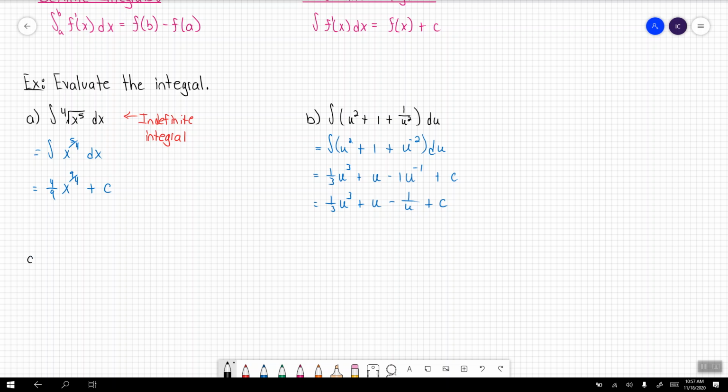So one of the things that we identified here is that once again we were working with an indefinite integral. So for part C, I want to work with the integral from 1 to 2 for the function of 1 over x squared minus 4 over x cubed dx.